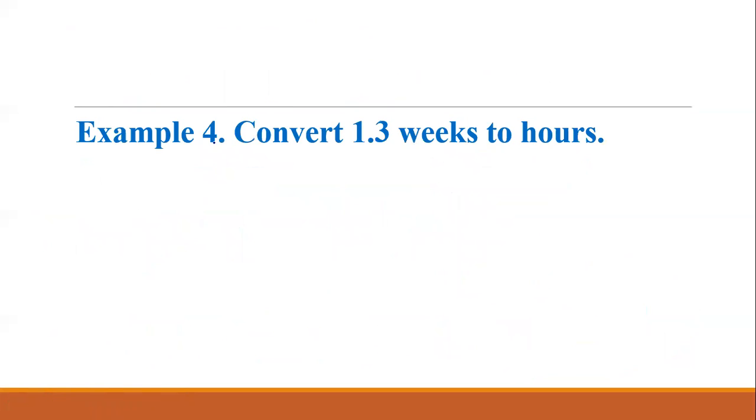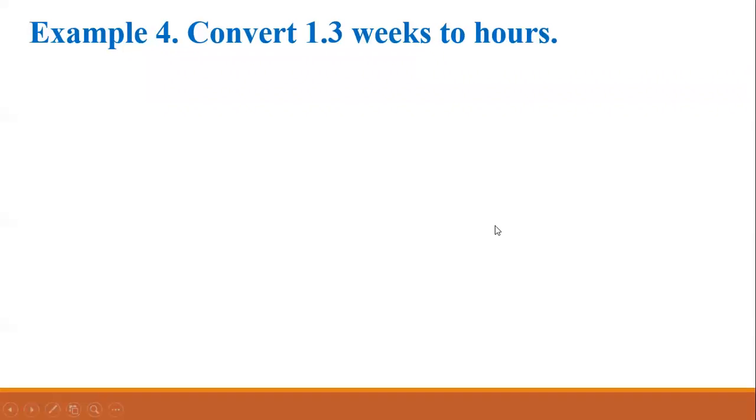Let's have another example. Convert 1.3 weeks to hours. Okay, so we are going to convert weeks to hours. So determine the given unit. The given unit is weeks and the desired unit is hours. So these units can be related by the measured equalities.